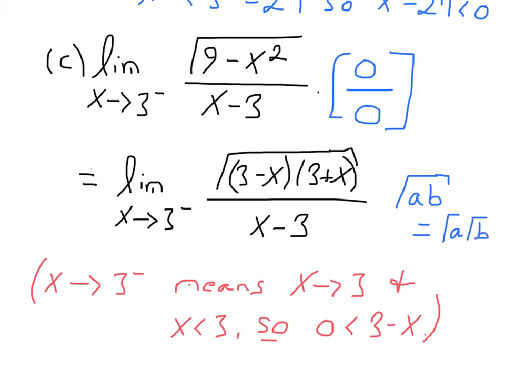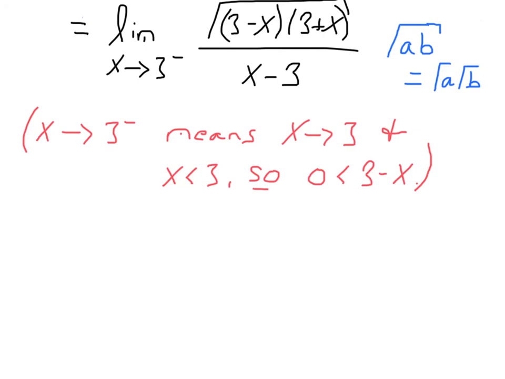Alright, so I can distribute square root signs across products of non-negative numbers. I can't distribute, remember, square roots across sums. But square roots do behave nicely with respect to products. So that's what I'm going to do here. I'm going to distribute this square root sign across this product in my next line.